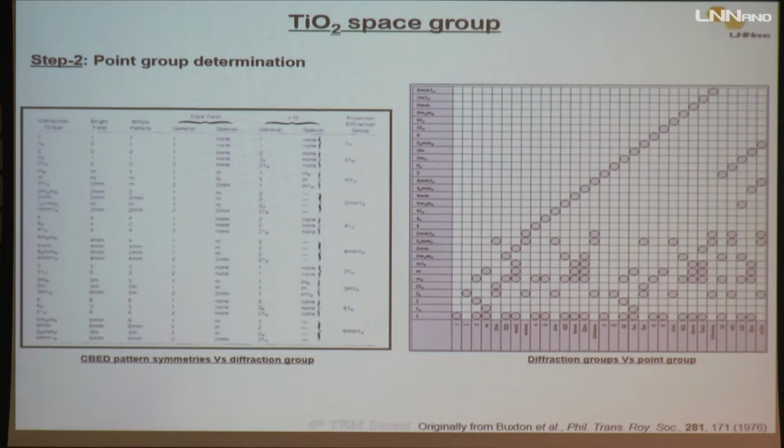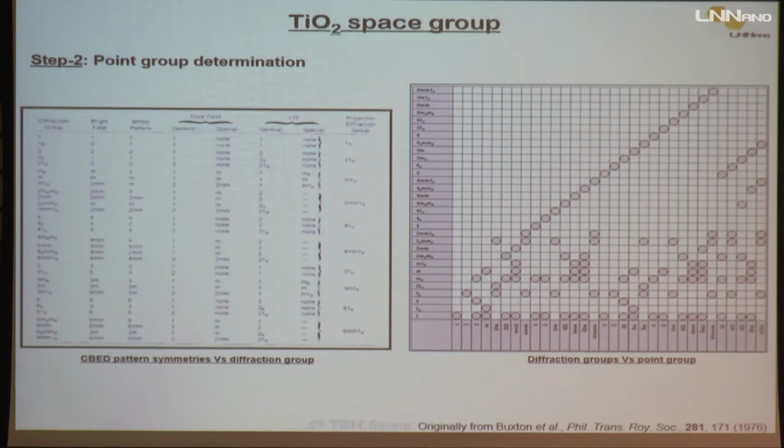And based on that, we get the projection diffraction group, and from there I can link to the diffraction group here. And further, I use this information in this table, with the 31 diffraction groups, and I link that to the point groups, and I extract the point group of your sample.